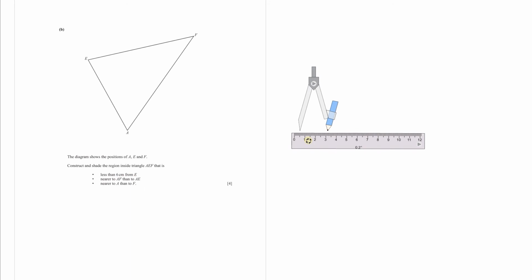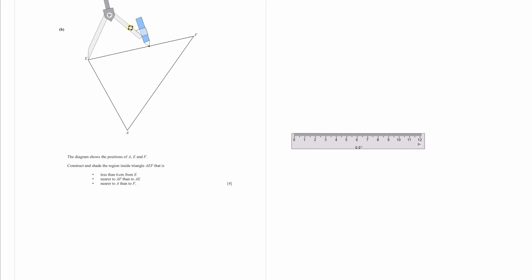So let's draw the circle. So I'll use my compass here. I will open it up till 6 centimeters, then position it at this point E. And since the region is only inside this triangle AEF, I'll only draw the locus inside this triangle.